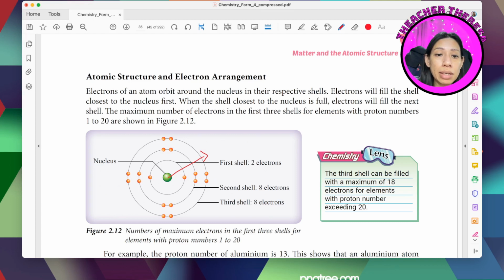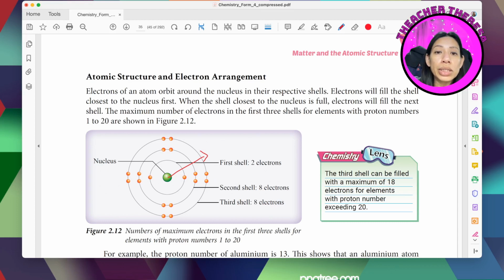Same here. The first shell can occupy 2 electrons maximum. That means it can occupy 1, 2, but not 3. So what if you have 3? 3 means you have 2, and the 1 extra electron will occupy another shell, the second shell. The second shell maximum is 8.